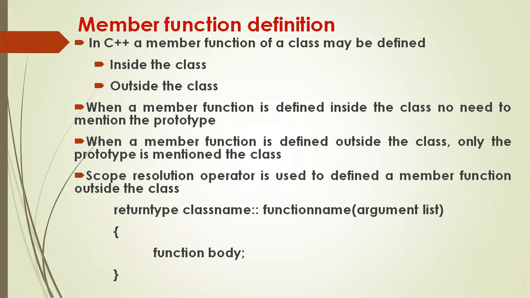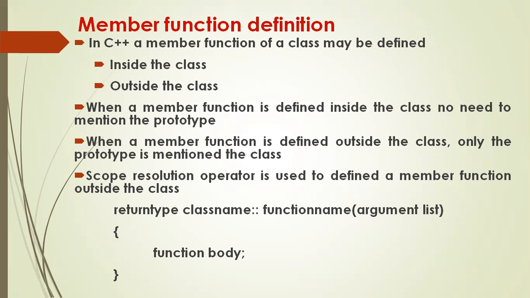In our last class, we studied several examples of objects and classes where the member functions of a class are defined inside the class. In today's class, we will be learning how the same member function can be defined outside the class. In general, any member function in C++ can be defined in two different ways. They may be defined either inside the class or outside the class.